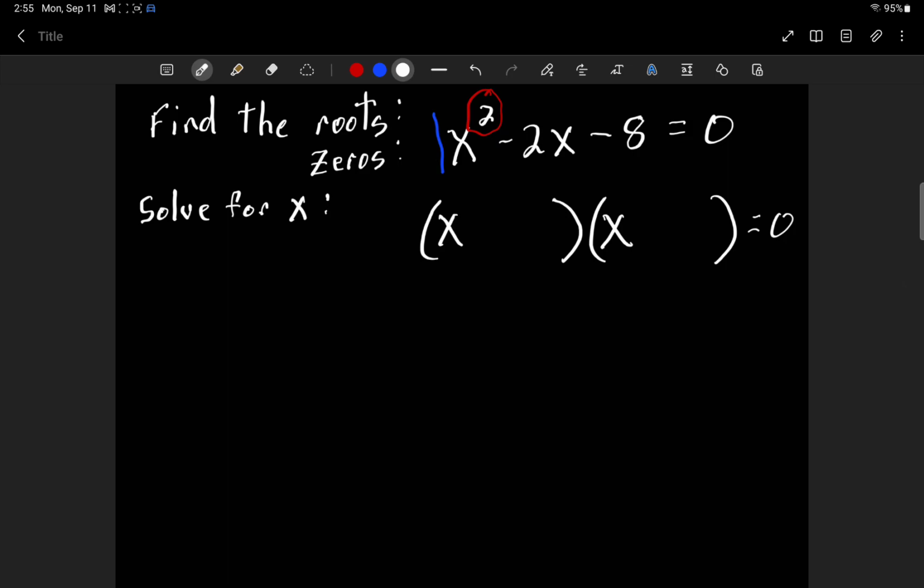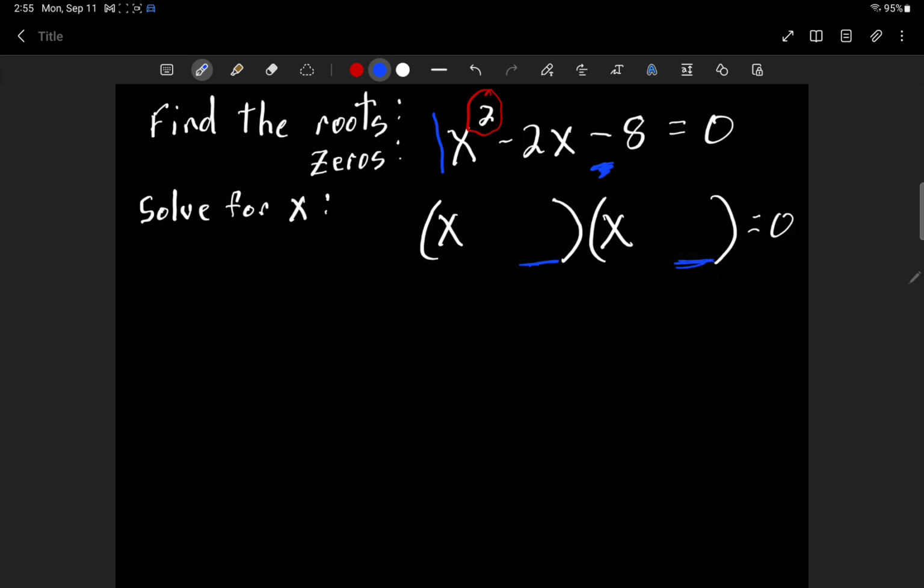Now, because this sign here is negative, I know that I have a negative and a positive, because the only way to have a negative over here is to multiply whatever is going to go here and whatever is going to go here.